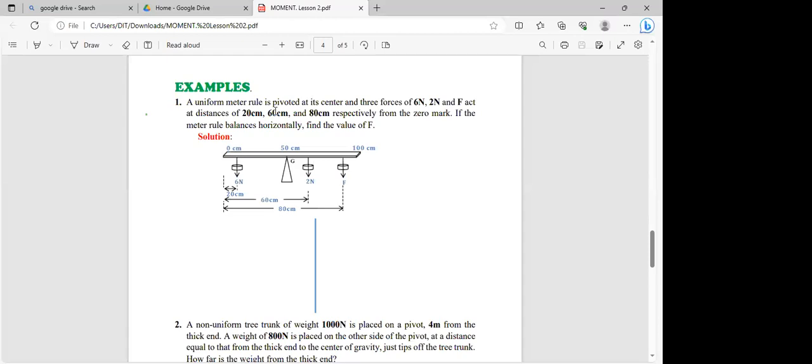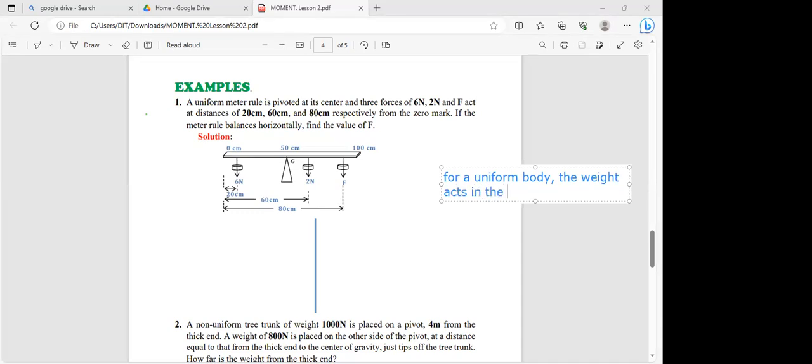Now, before we continue, we are going to note down these two things. We may need them sometime. One of them is that for a uniform body, the weight acts in the middle.